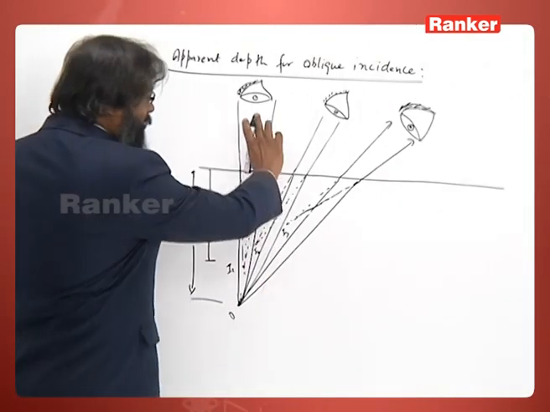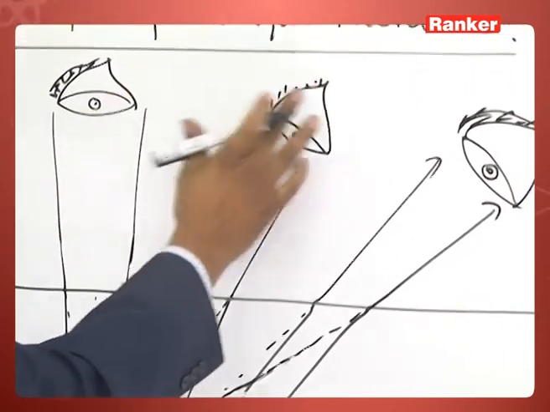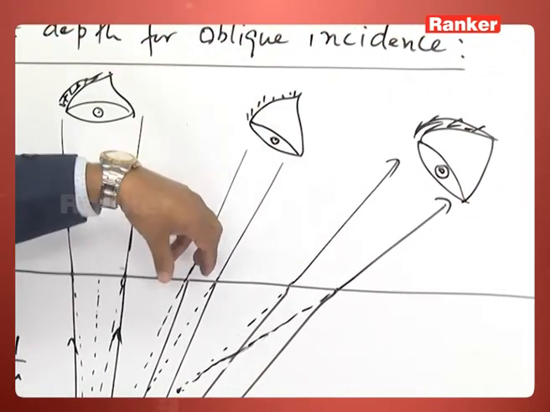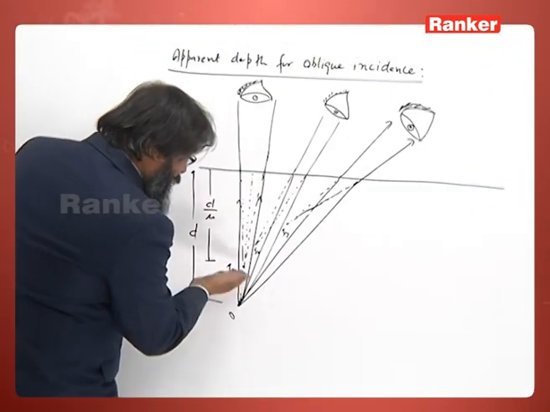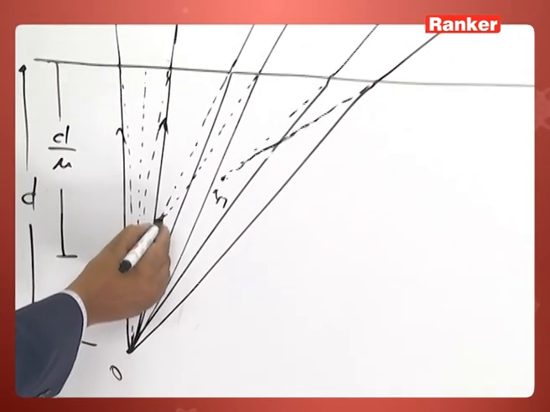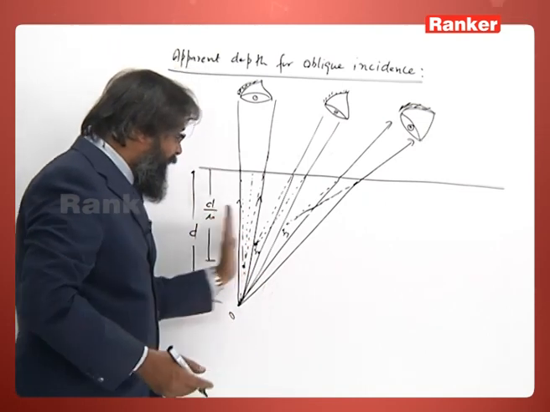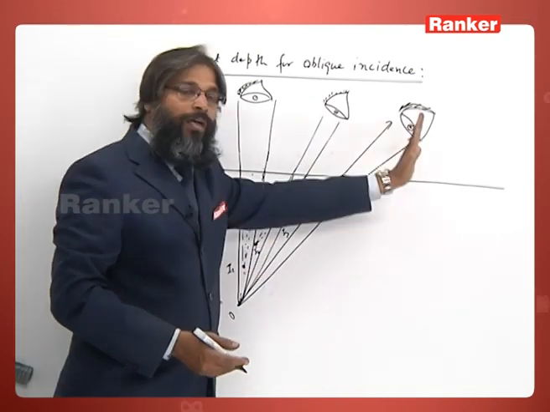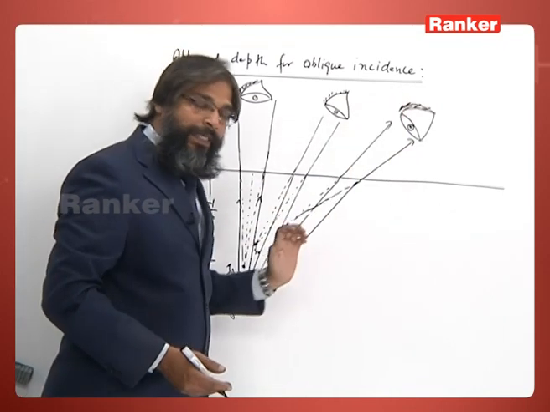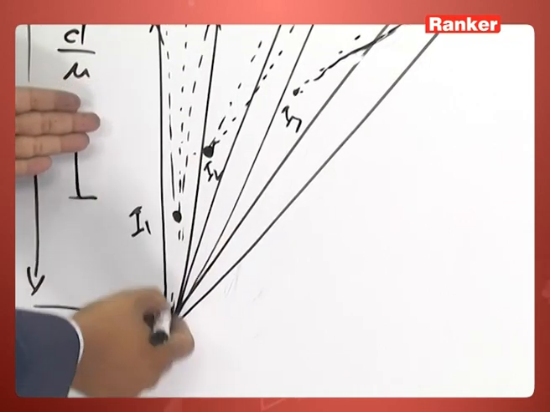Now, as my angle of view changes from 90 degrees to less, if my view is like this, then previously the image was I1, now the image is I2. It goes further above and it is displaced in the direction of the view. So, the image is not formed on the normal line.